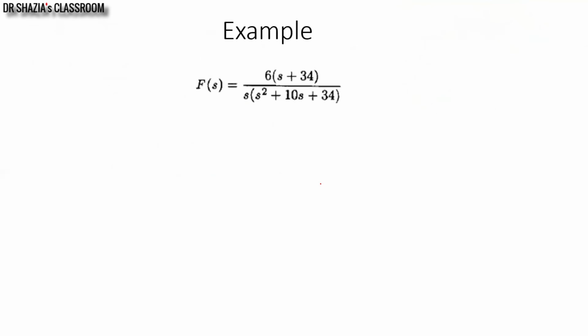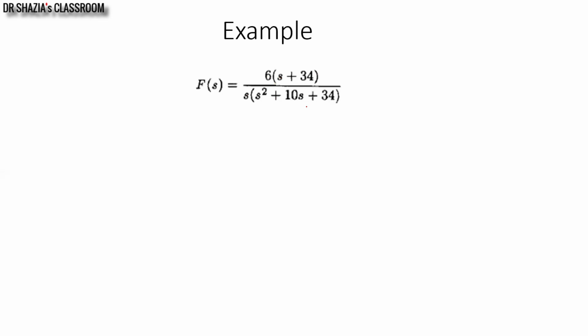The second example we will consider is with complex poles. Yes, so here I have taken one example to explain complex poles. F of s is taken as 6s plus 34 over s into s squared plus 10s plus 34.